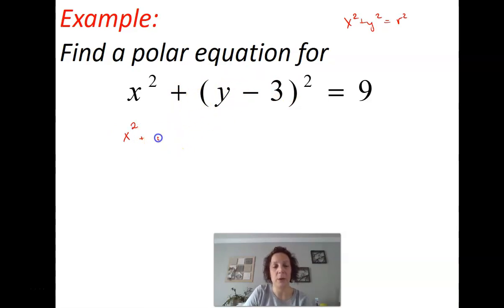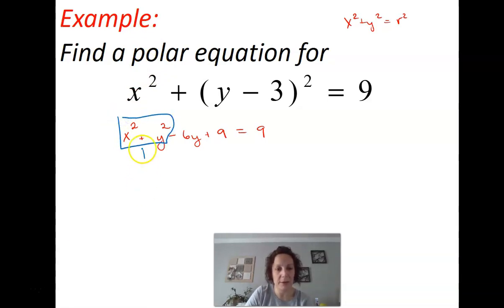So this is x squared plus y squared minus 6y plus 9 equal to 9. So look, this x squared plus y squared can get replaced with r squared. So now I have r squared minus 6y, and I'm going to subtract this 9 from both sides, equals 0. Now look what else I can do.